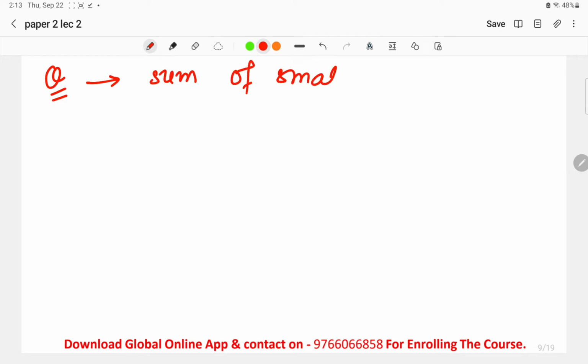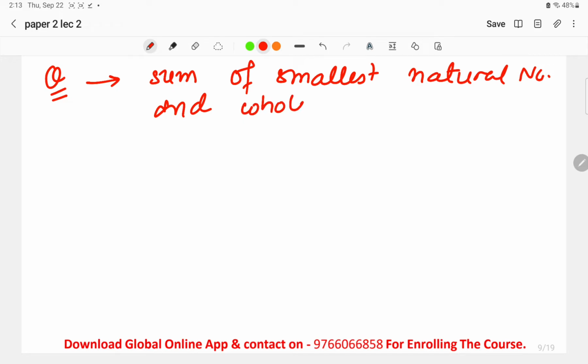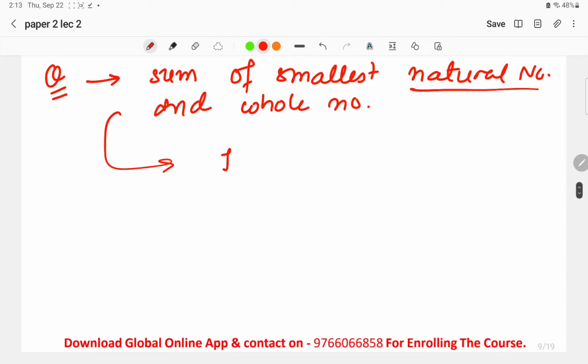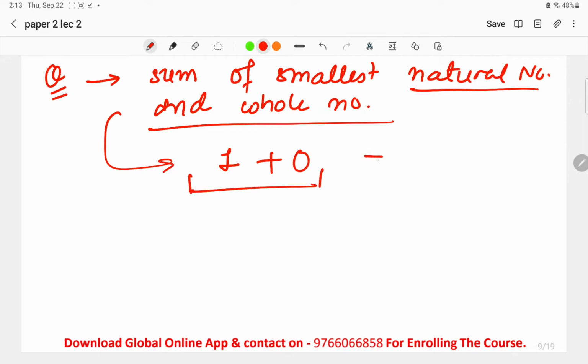Find the sum of the smallest natural number and the smallest whole number. As we know, the smallest natural number is 1 and the smallest whole number is 0. We have to take the summation of both, which means 1 is the answer. So the sum of the smallest natural number and whole number will be 1. This is the question that can be asked.